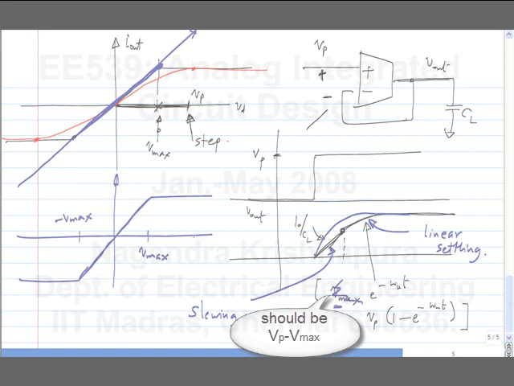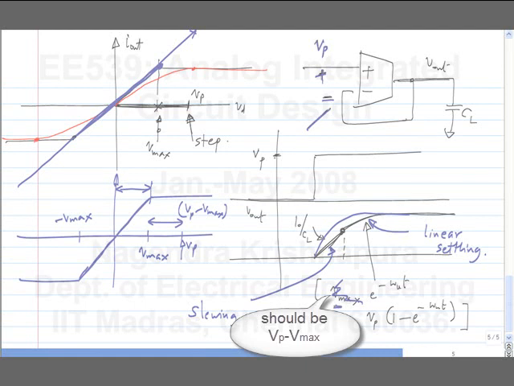So I start from a particular Vp, and the output starts ramping up. When the output ramps up to Vp minus Vmax, the input differential voltage is within this range. This is fixed at Vp, and the output was 0, and it will start ramping up.